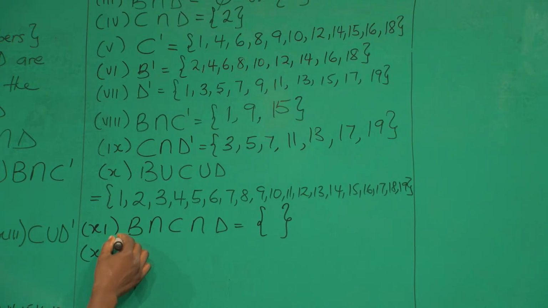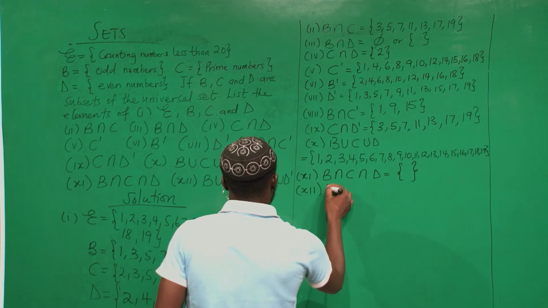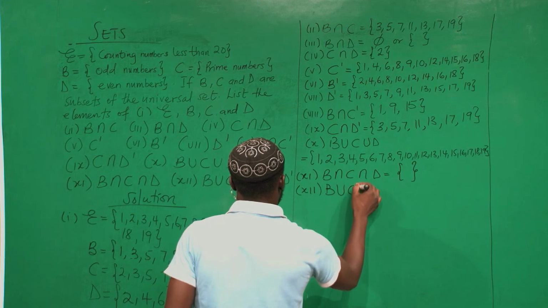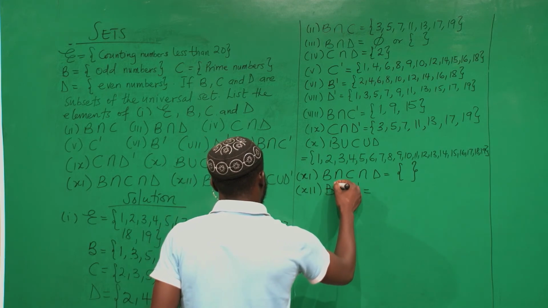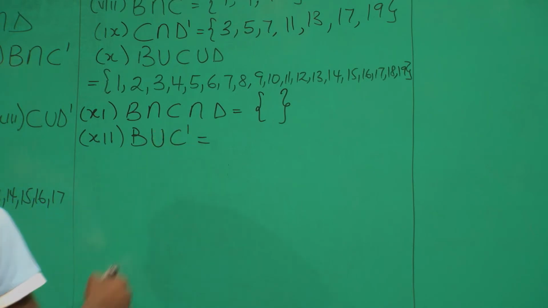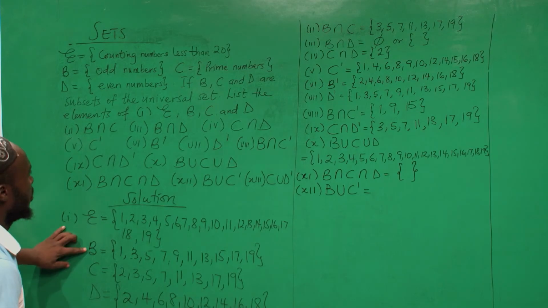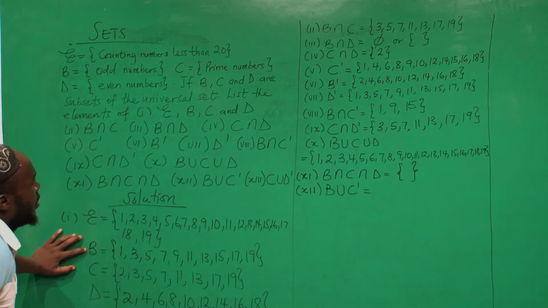XII, B union C, all complement. So there is B here and there is C complement there, 1, 4, 6, 8. We should put them together.